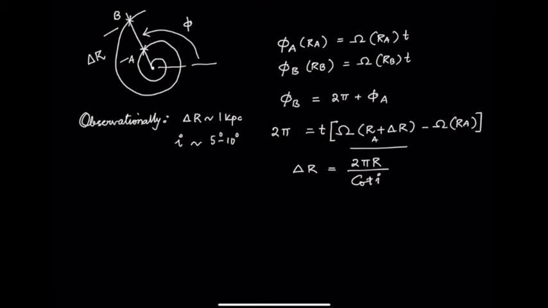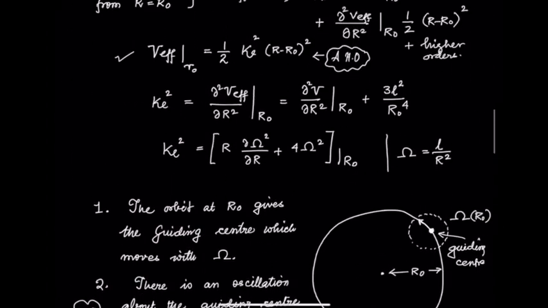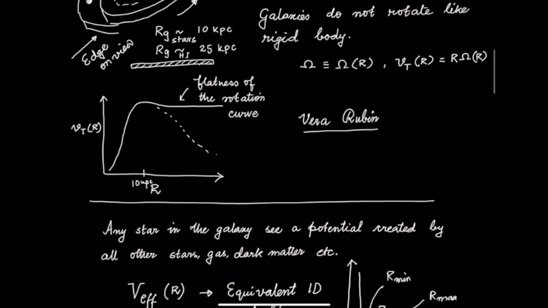If you do the calculations here, let me give you some numbers for a galaxy. I told you that R, the largest radius for the stars, is 10 kiloparsec. Vt, the tangential rotation velocity at the flattening point, is about 200 km per second. This is where the rotation curve flattens.